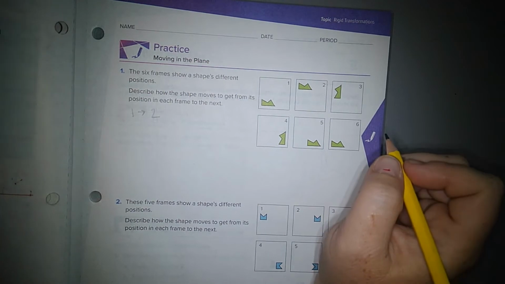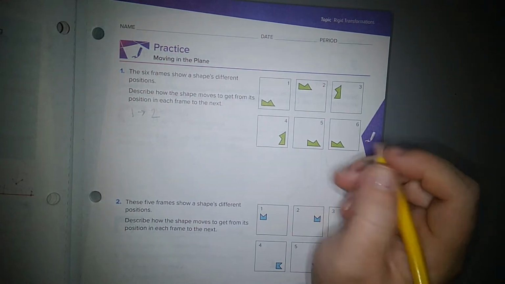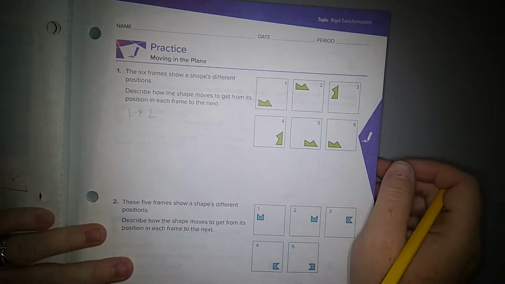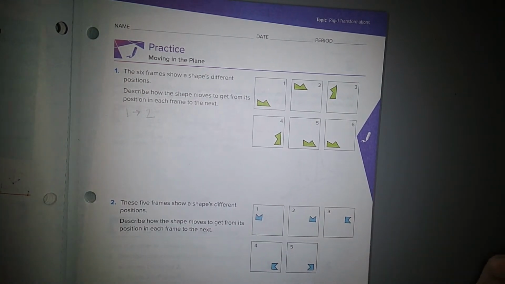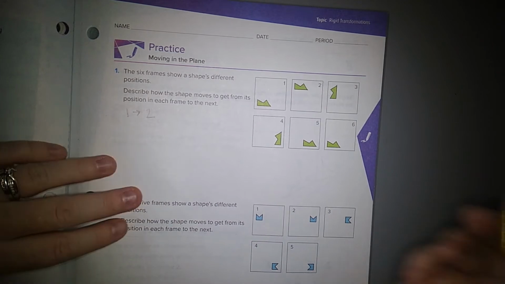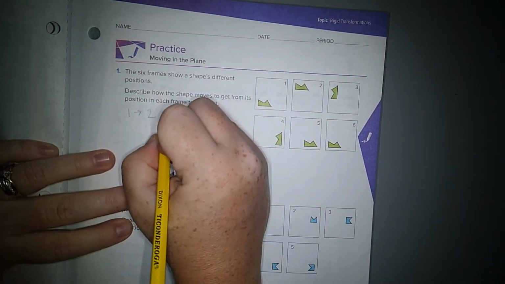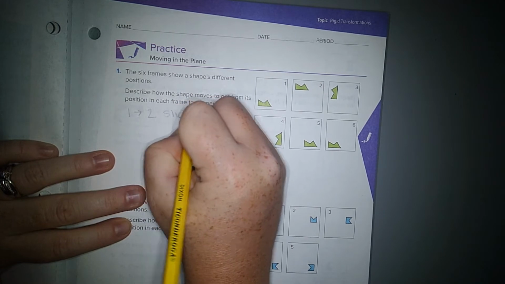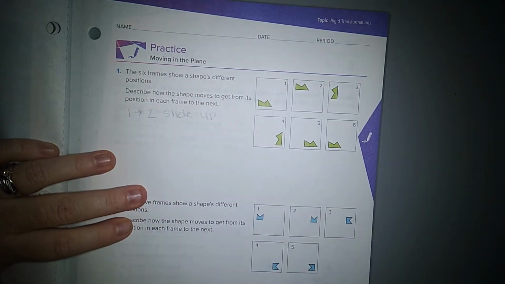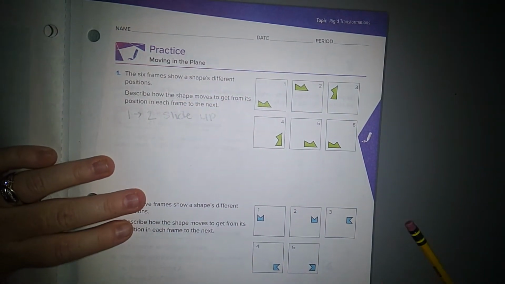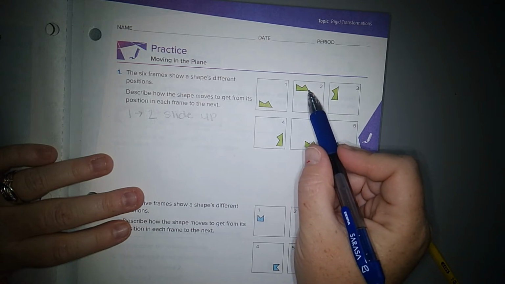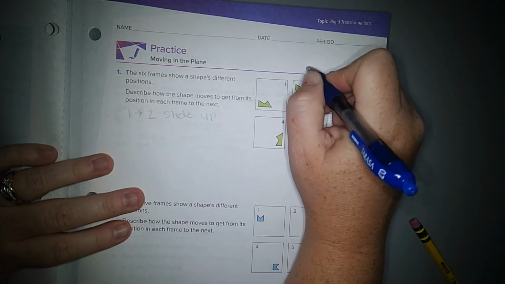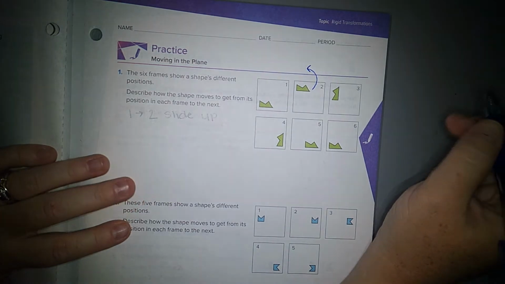It slid. The terms in the book so far are sliding and rotating. But sliding is translating, and rotating, or spinning, is rotating, turning is rotating. So we slid up. From card 2 to card 3, it was here, and it turned counterclockwise.